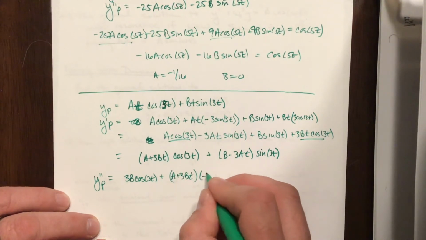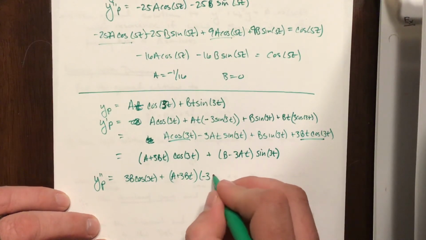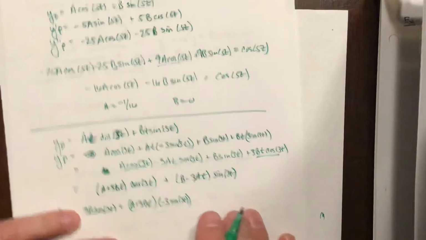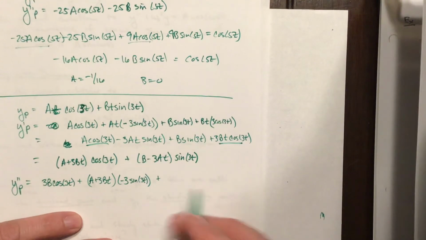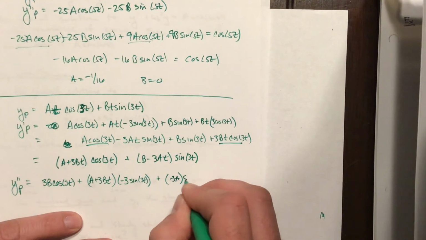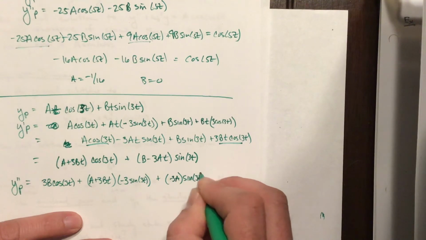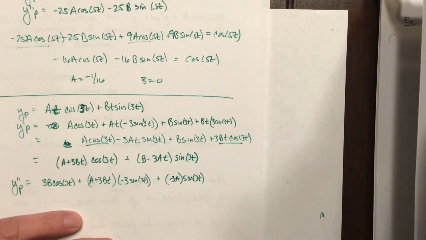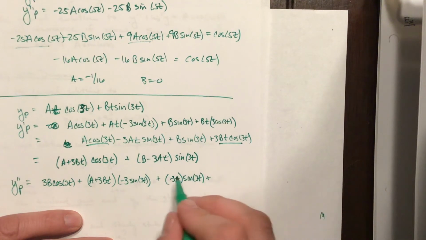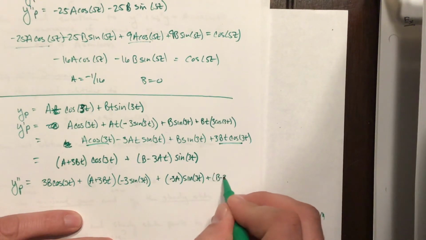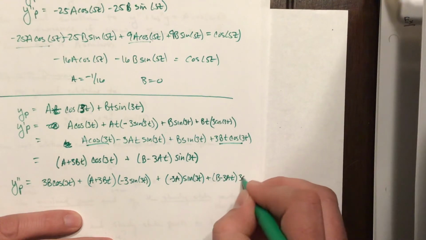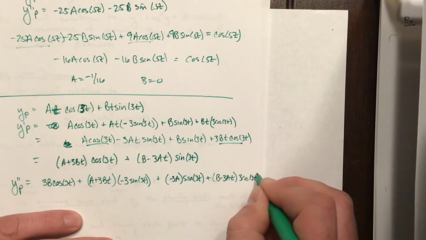The derivative of that is minus 3 sine 3t, plus derivative of this is minus 3a times the sine of 3t, and the derivative of this second half is plus b minus 3at times the derivative, which is 3 cosine 3t.